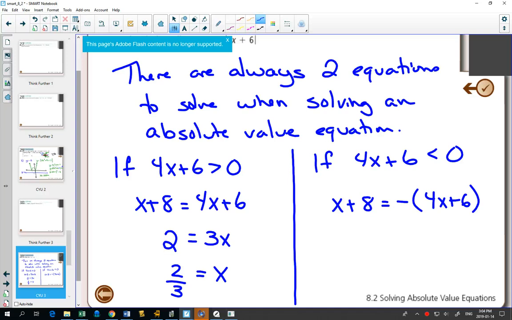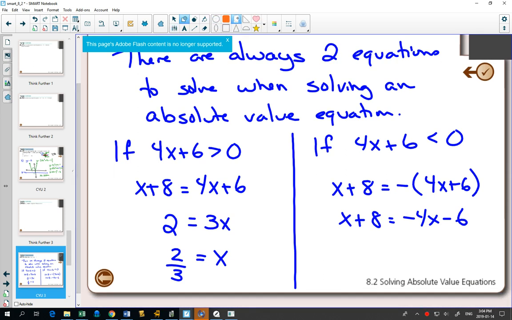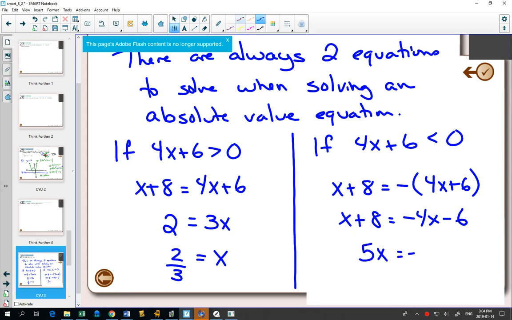That's another way you can make a negative number positive. If you had negative 3 and you multiplied it by negative 1, it would become positive 3. And we do the same thing here. You distribute the negative. Put your like terms together. So I'll move my x's to this side, subtract 8. And I get x is equal to negative 14 over 5.